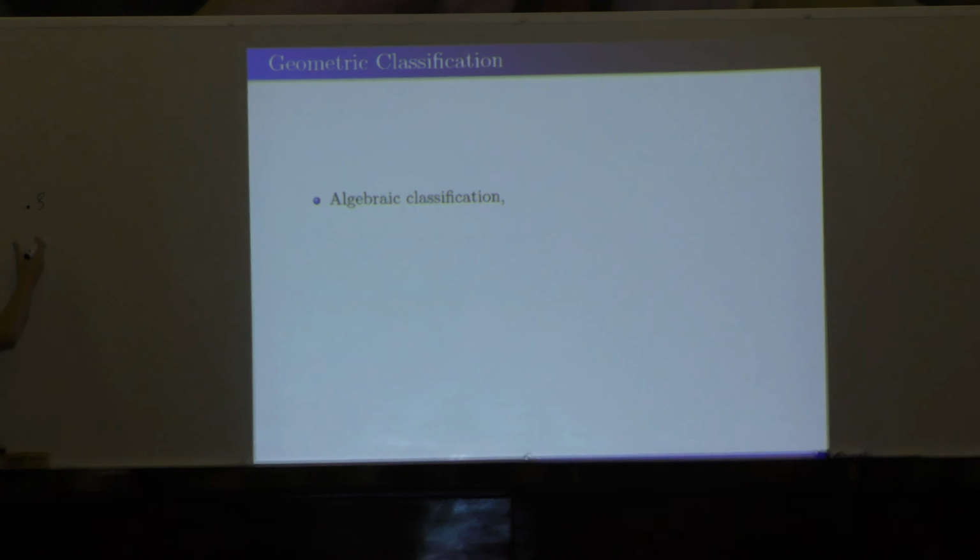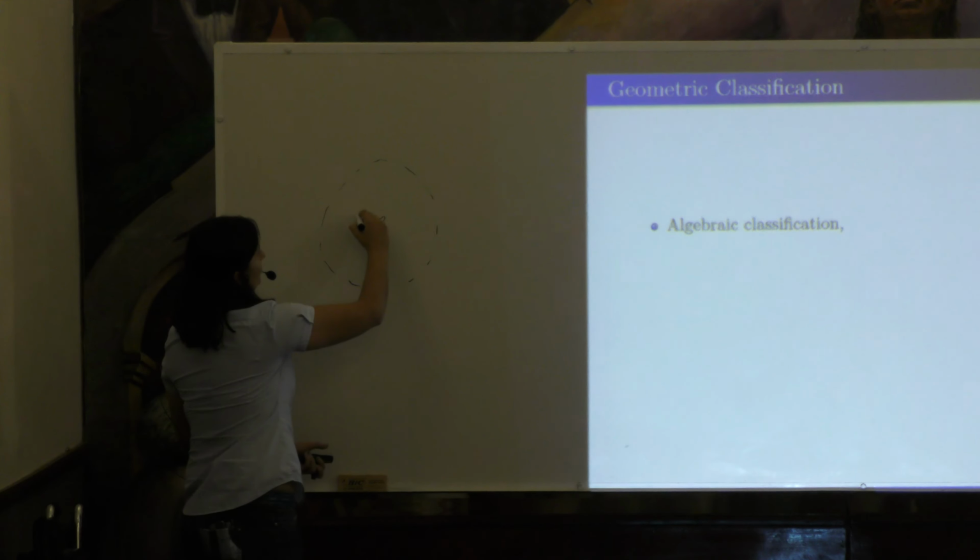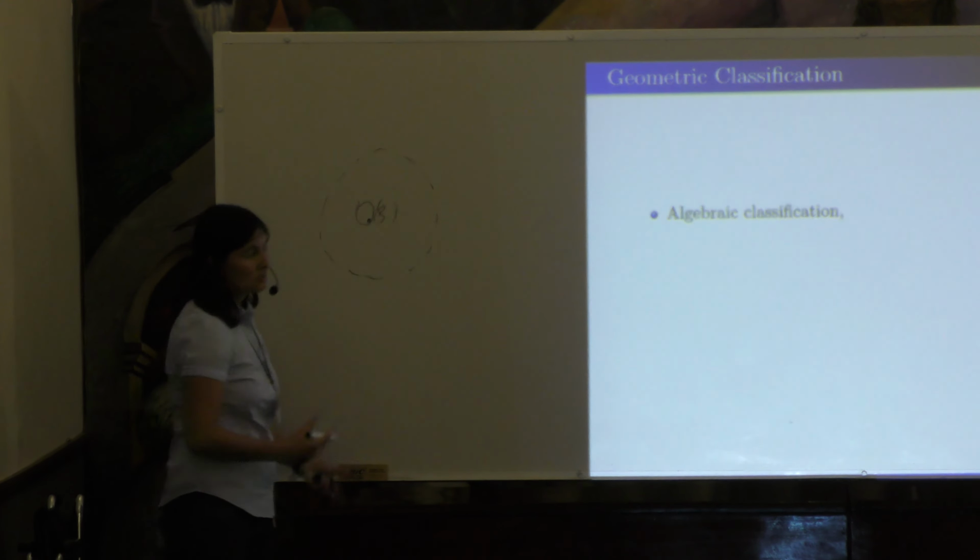So, what is a geometric classification? Well, you begin with an algebraic classification. For every Lie superalgebra, or every object, you consider an element, and all the other Lie superalgebras isomorphic to this give us the whole orbit of the Lie superalgebra.